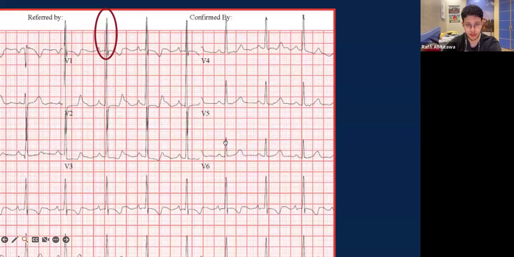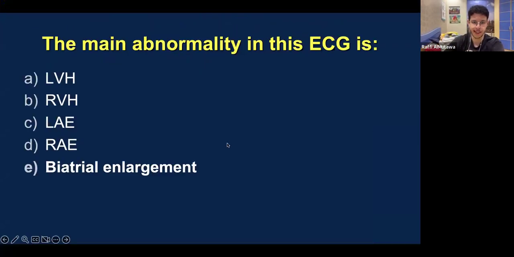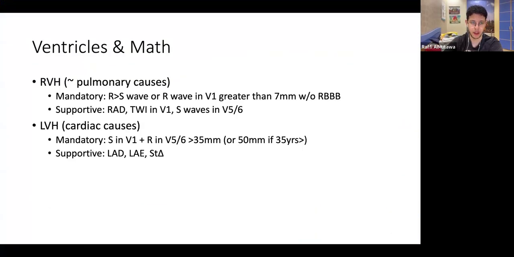If you look at V5 and V6, so remember, let me go back to that slide just so we have the math in front of us. So again, R greater than S or R in V1 greater than 7 millimeters. With LVH, the S of V1 plus the R in V5 and V6 has to be greater than 35, or 50 if the patient is under 35.